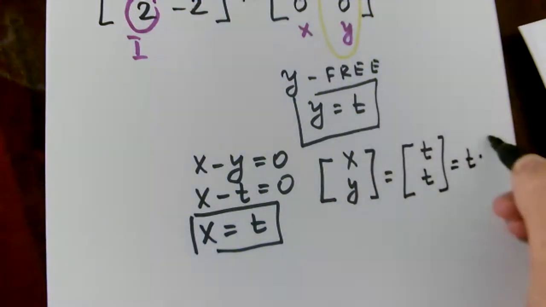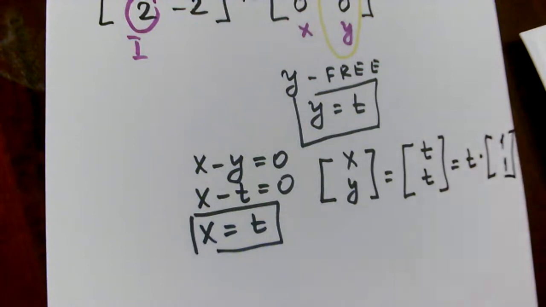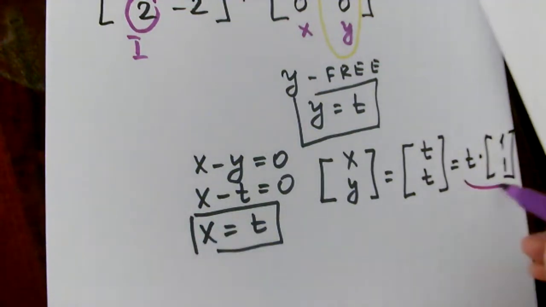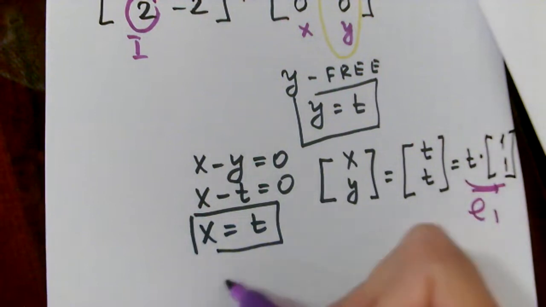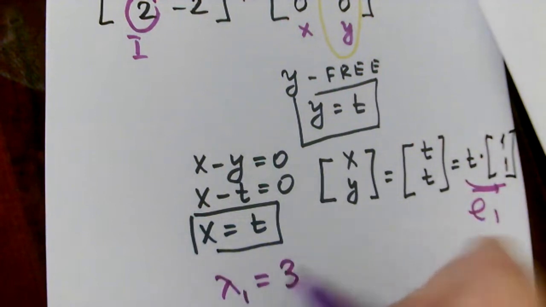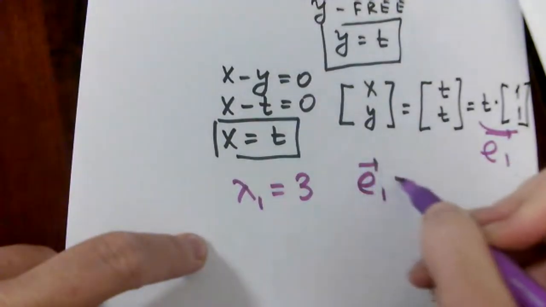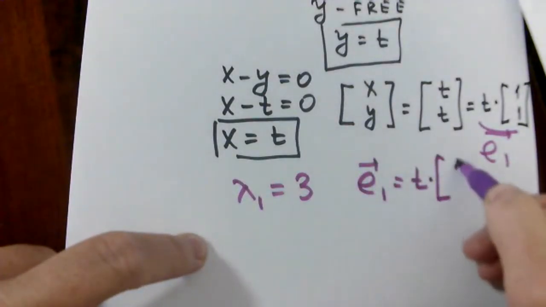We pull out this t, and this is our eigenvector already, which is E1. So for lambda 1 equal to 3, for this eigenvalue, we have eigenvector t times 1, 1.